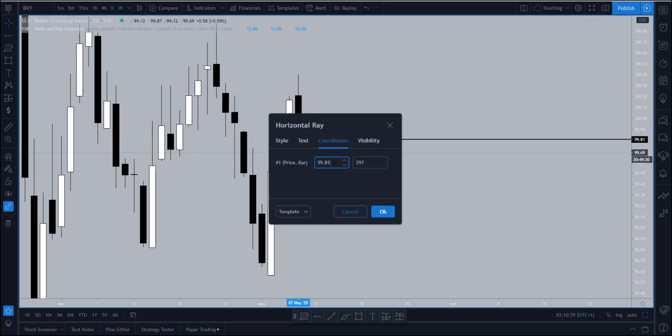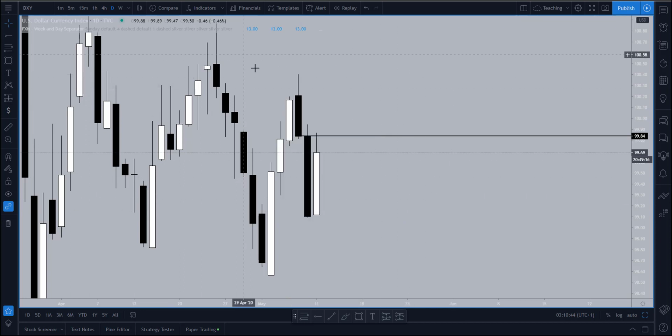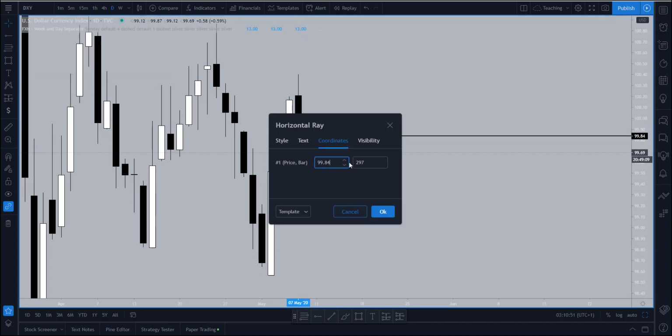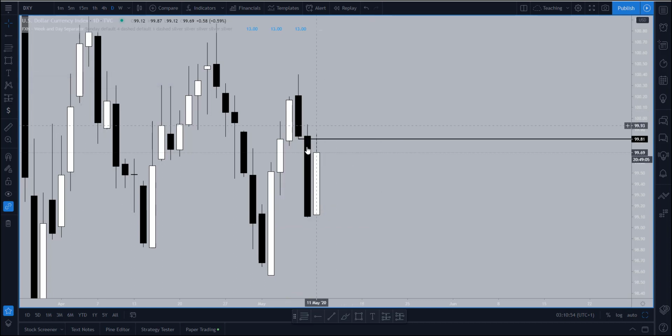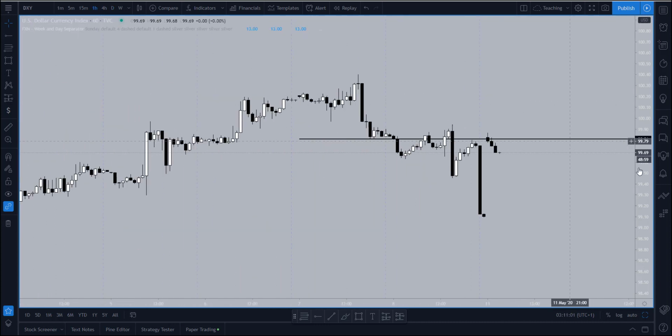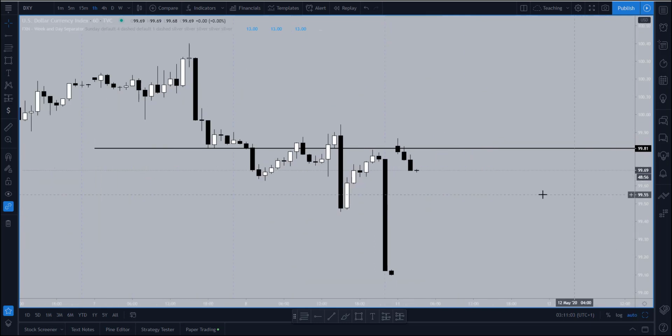Oh, sorry, that's not. The low is 99.81. Yeah, 0.81. Okay, so that's the level we're looking for price to close below on the 1 hour time frame. So we did get the close right here.